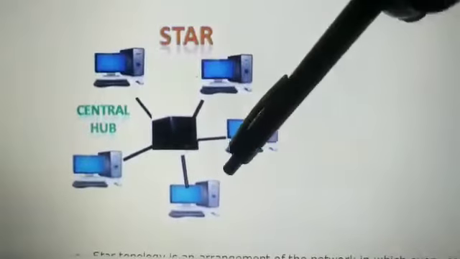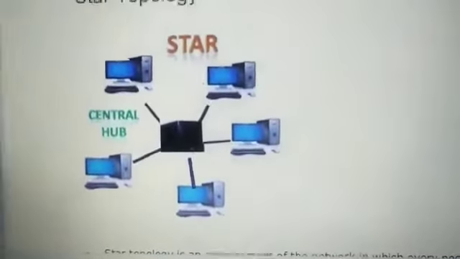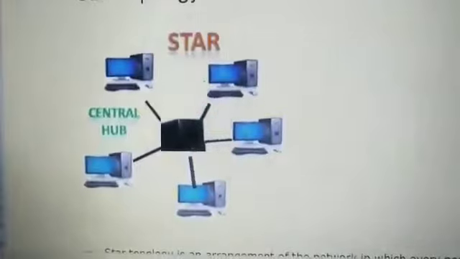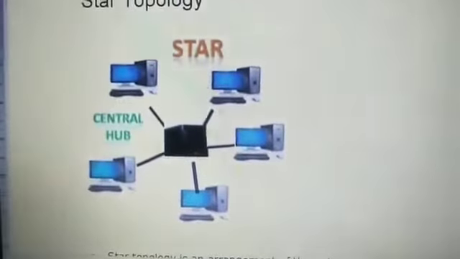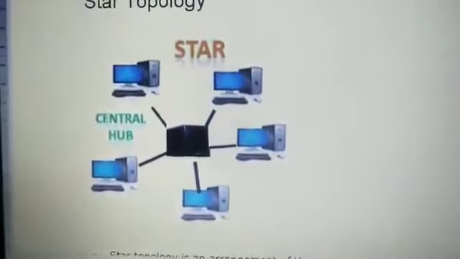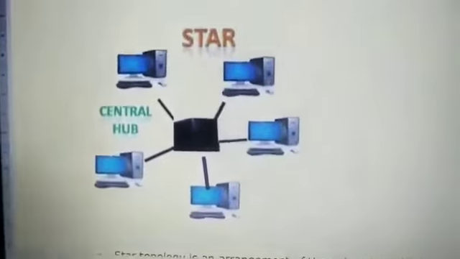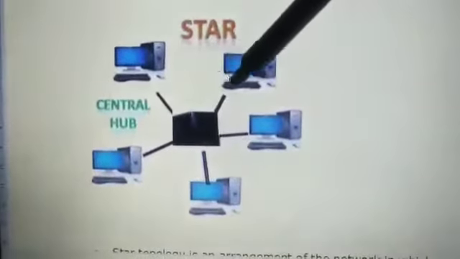So all the other systems are connected with the hub through a point-to-point link with the help of a drop cable extended in all the directions of the hub. Another one is the point-to-point link there. It means that if this hub wants to communicate with this system, then one dedicated line is there.